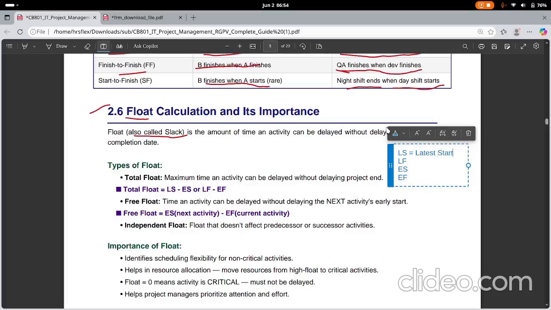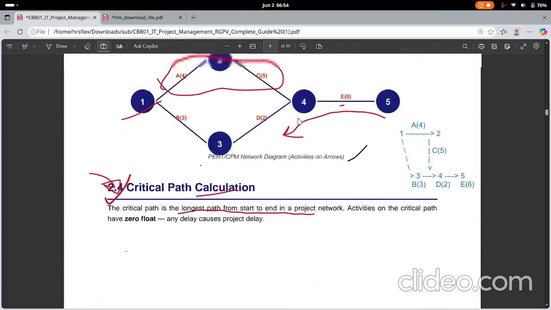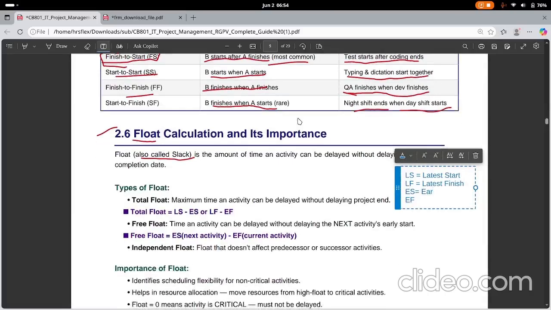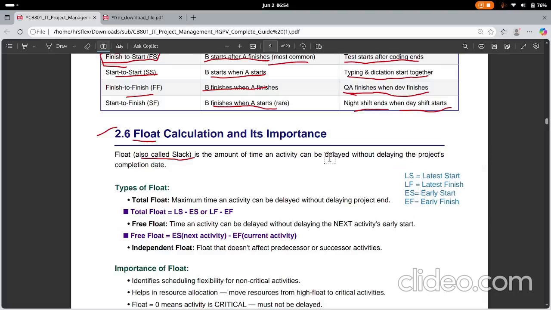Latest start, latest finish, early start, early finish. Yeah, so these are the terms. Using these terms we calculate float.